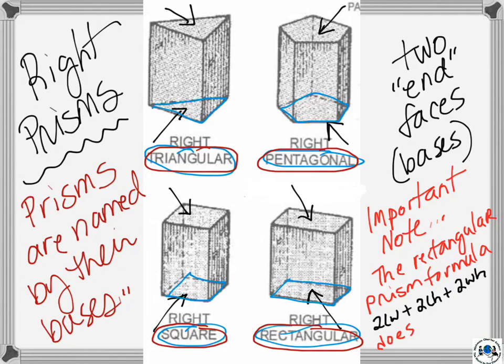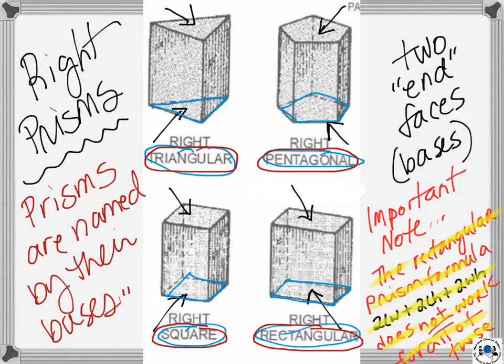2LW plus 2LH plus 2WH does not work for all of these. Okay? Very, very important. It does not work for all of these because we have these different shapes that are going to be handled differently.